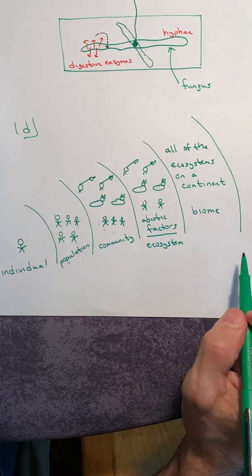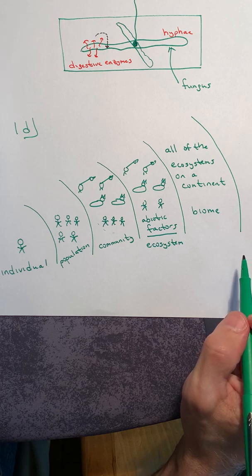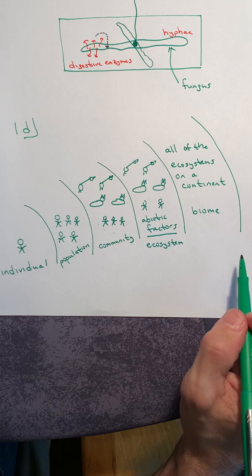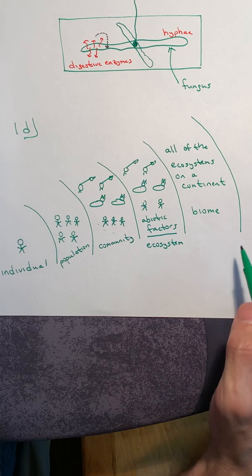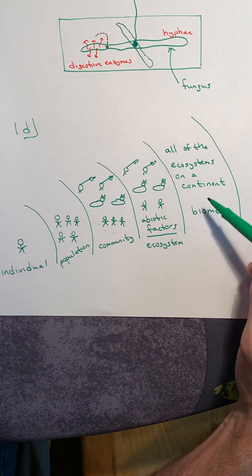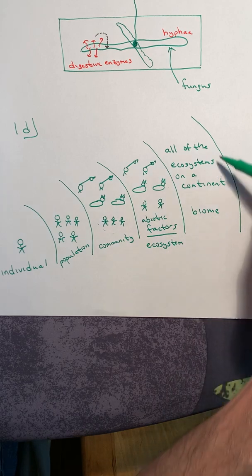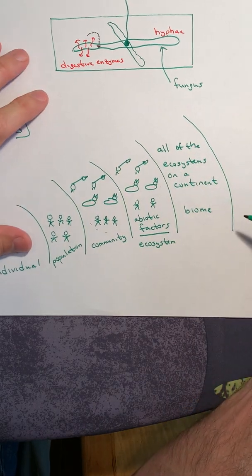So there's the North American biome, there's the South American biome, there's the African biome, there's the European biome, the Asian biome, okay? These are by continents. So take all of the ecosystems on a continent, and that's the biome.